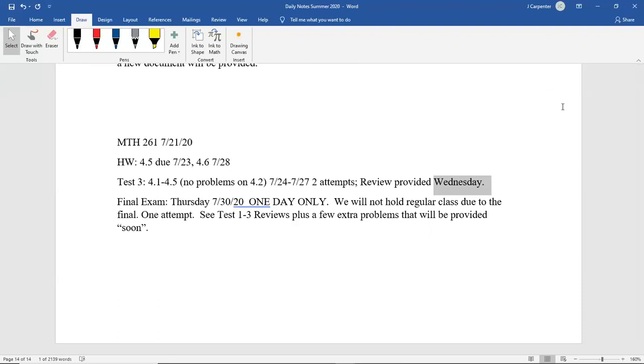So next class, we're going to continue on with material that'll be on the final, but not test 3. I normally do 4 tests for this class, but with this unique setup, it's very hard to rationally give you 4 tests, with the 3rd one being so late in the game.